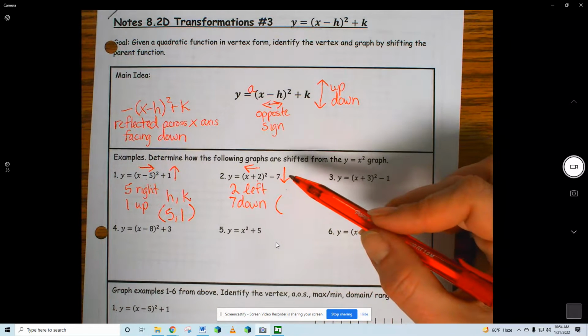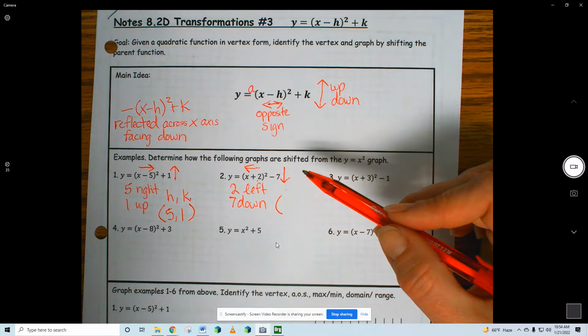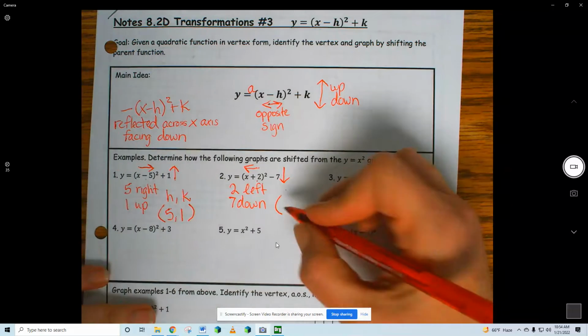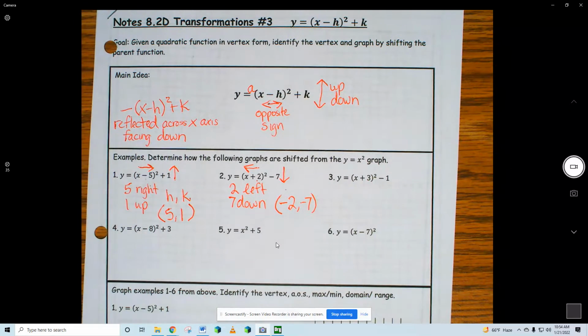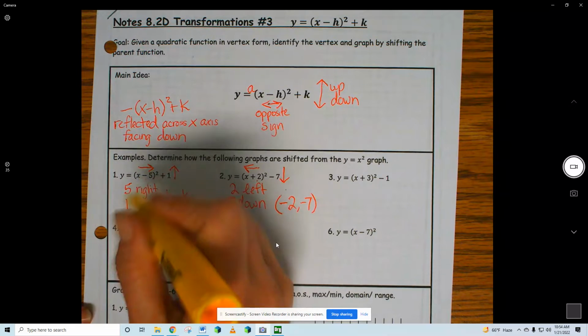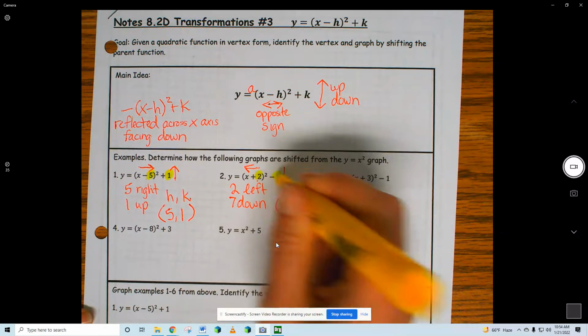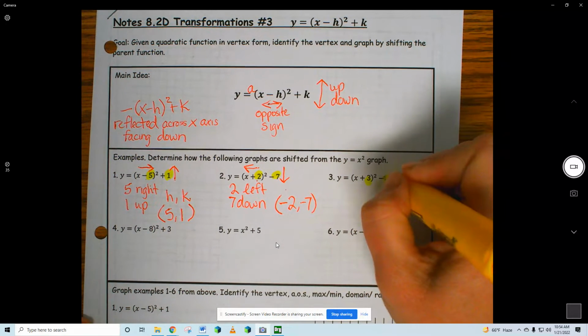What number is that? It's negative 2 first, because that's left and right. Negative 7. The answer to the vertex is in the equation. Look at this. 5, 1, 2, 7. But it's the opposite sign in parentheses. So I don't want you to think.